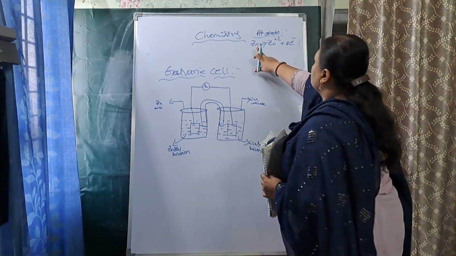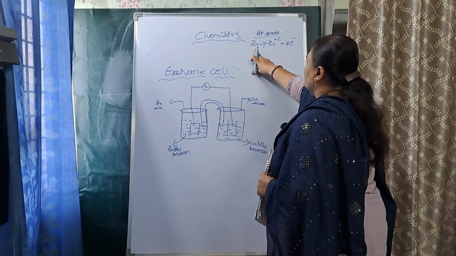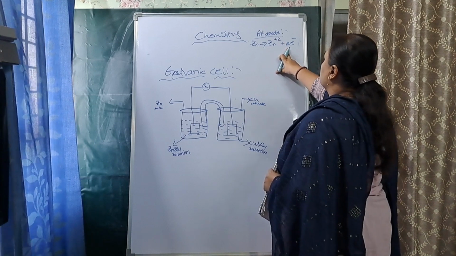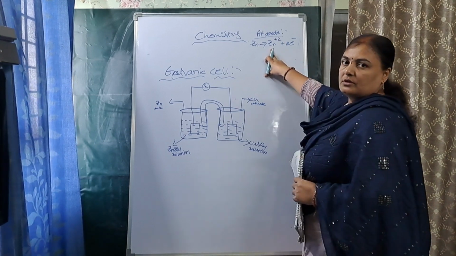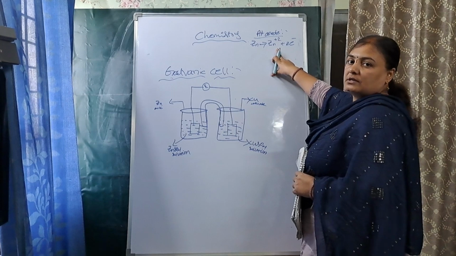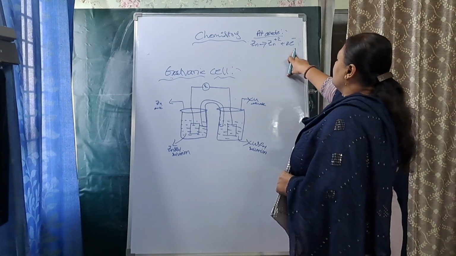Originally this is zinc; when it loses 2 electrons, it becomes zinc 2 plus. So here electrons are being lost.